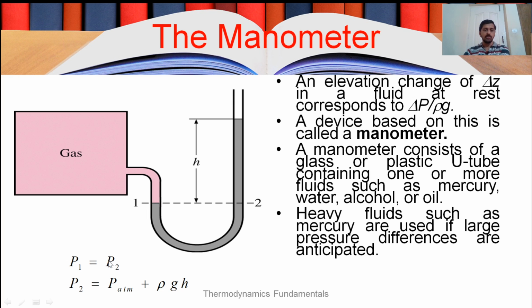Now P1 equals P2, where P2 is the pressure at the open limb: since the limb of the manometer on the right hand side is open to atmosphere, atmospheric pressure will be acting at this point, and for a height of H, the pressure will be atmospheric pressure plus the pressure due to this fluid for a height of H, rho g H, rho of this fluid in gray color, g and H. That will be the pressure experienced at this point, which is the same as the pressure at point 1.